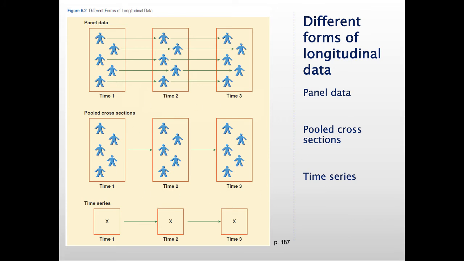In contrast, here's a pooled cross-section where the idea is, okay, let's get a sample of students in 1 year. Next year, we're going to get a completely new sample of students, drawing from the same kind of population, a whole new bunch of students. And then the third year, again, it's a new bunch, so not following the same people.